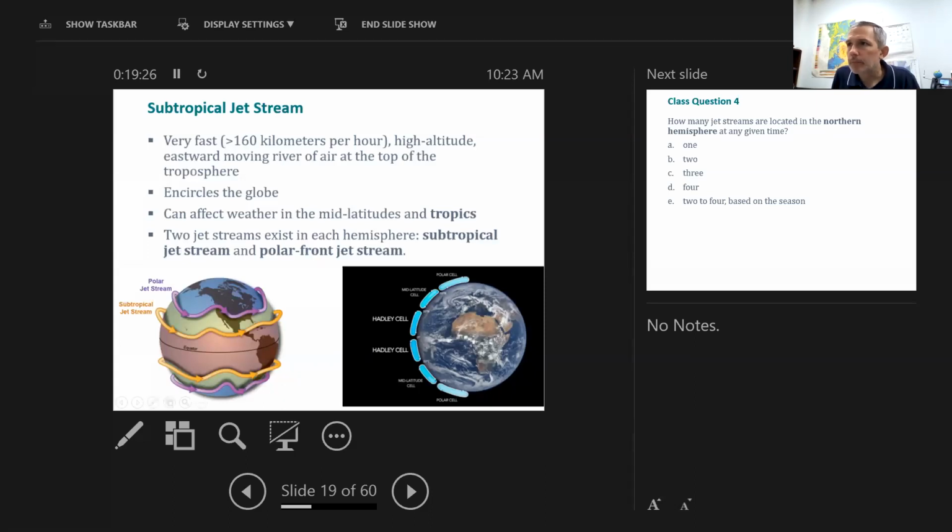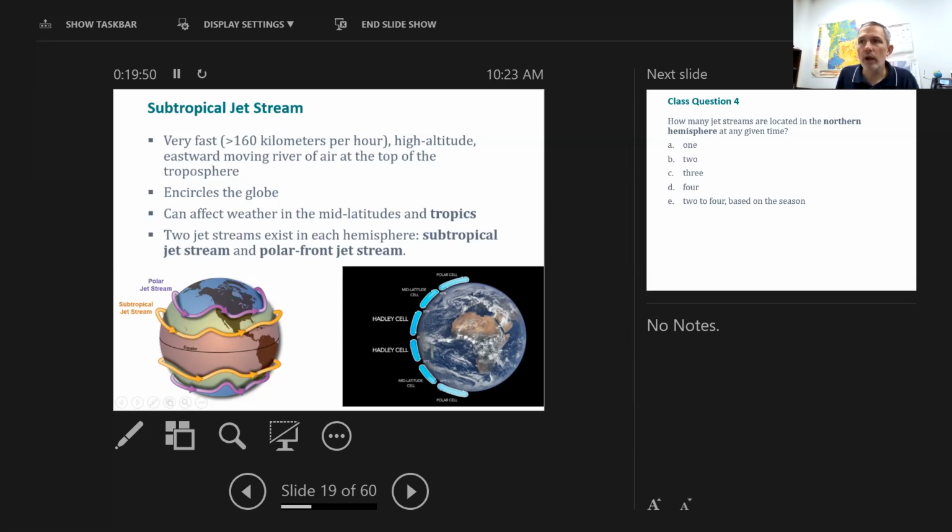So if we take a look at 30 degrees north latitude, this geostrophic wind is always going to be moving in from the west to the east. And so this is going to be known as the subtropical jet stream. We also have a polar jet stream. We'll get into that one here in a second.